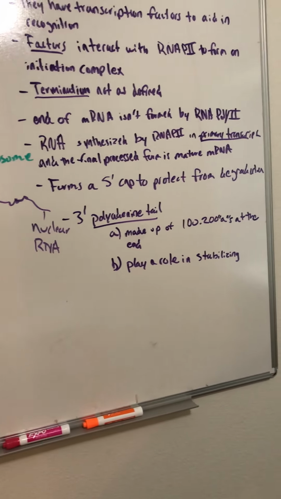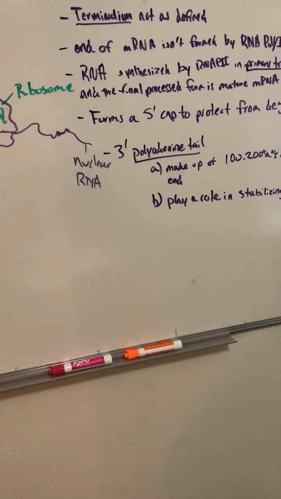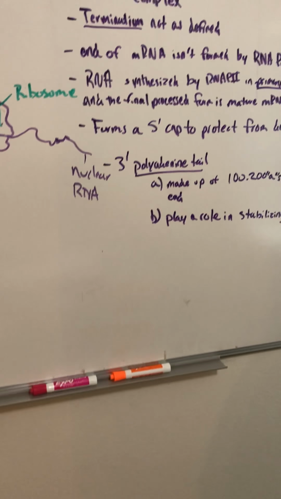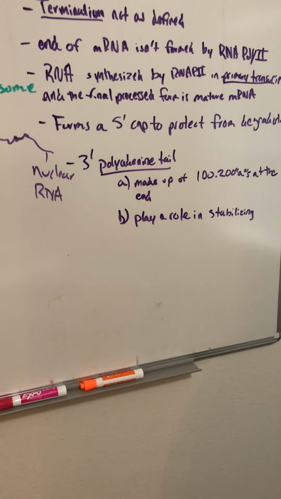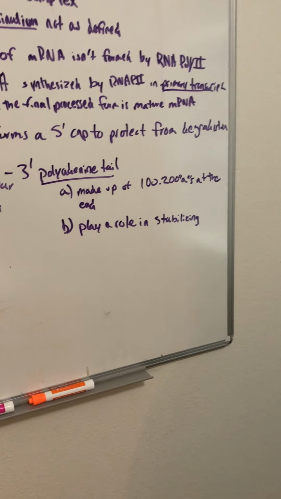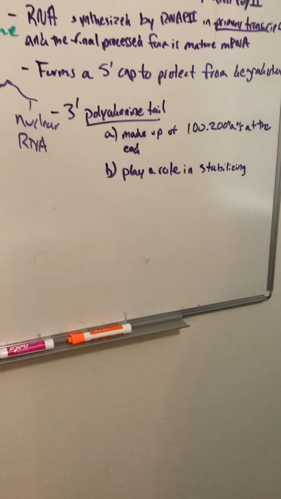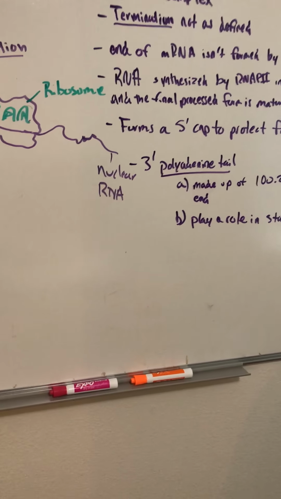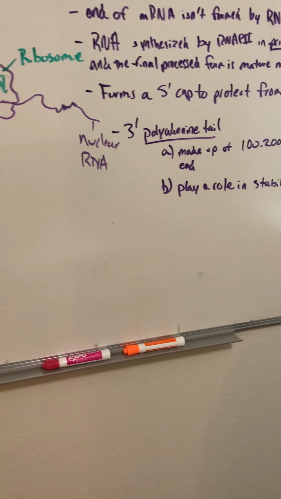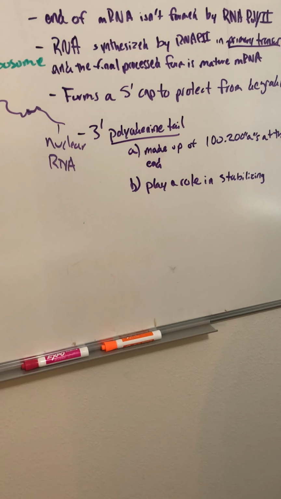Another thing that's different between eukaryotes and prokaryotes is the tail, and basically the ends. Eukaryotes form a 5 cap to protect against degradation. As well, on the other side, they also form a 3 polyadenine tail.